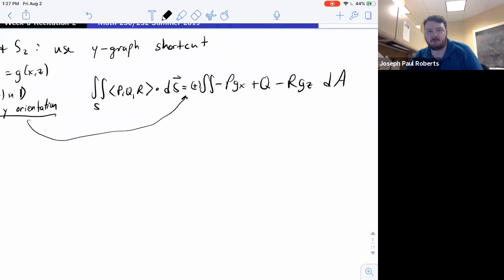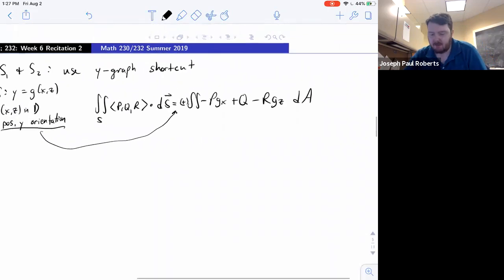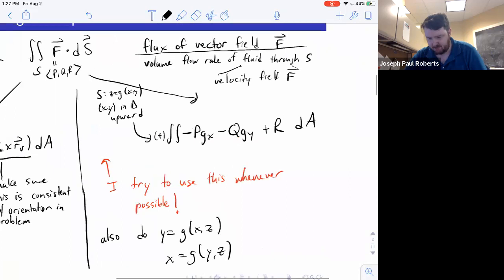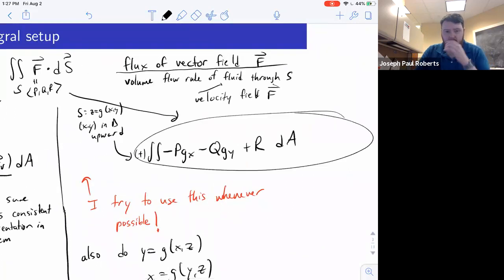Anyway, if you look at this, it follows the same pattern that the Z-graph shortcut has. For Z-graph, you think, okay, Z is special. Z is the third variable, which means that R, the third component, is by itself. The other two components have a minus as well as a partial derivative with respect to those variables.